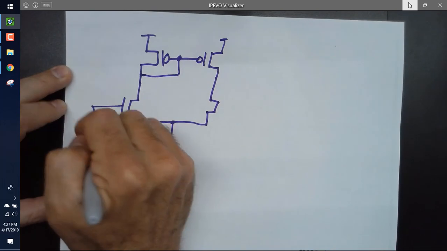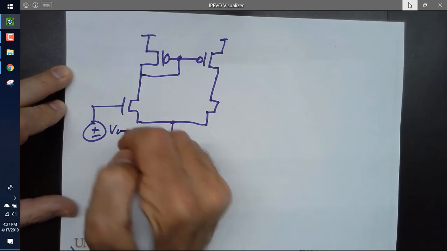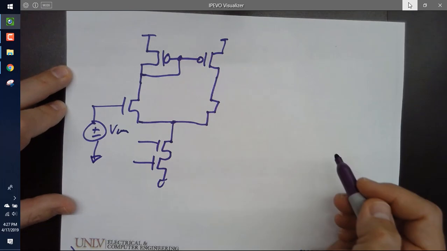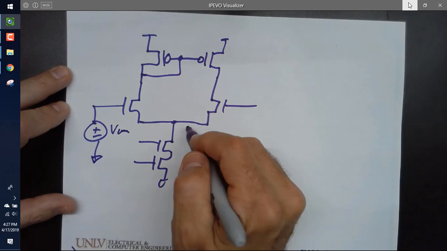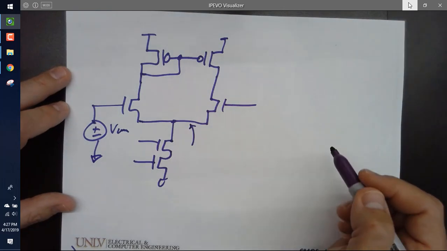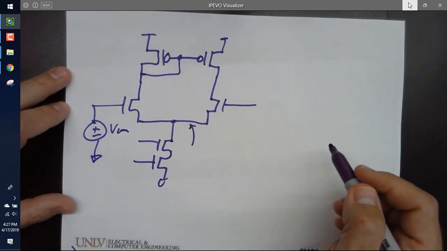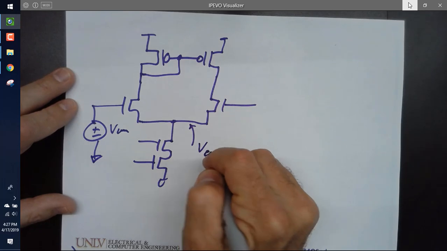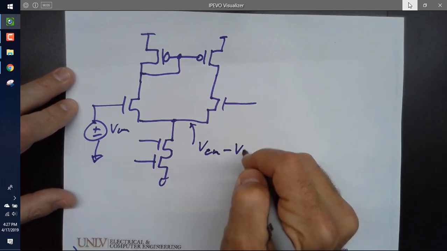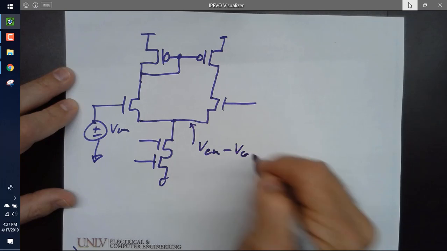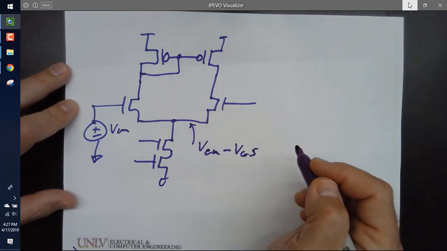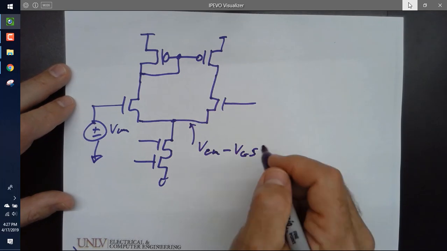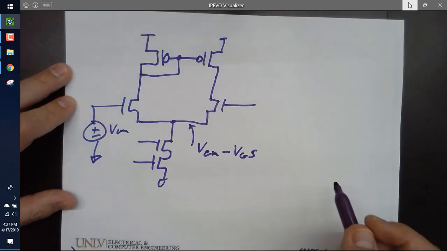This one I'm going to put on the gate plus minus VCM. Looking good? So what is this voltage here? You're killing me. I don't give hard problems. They're all easy problems. It's VCM minus VGS, right?